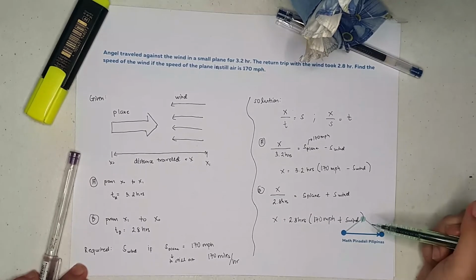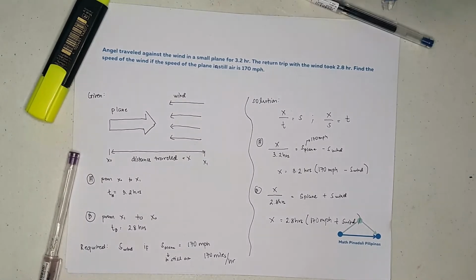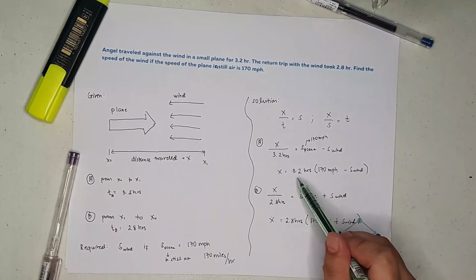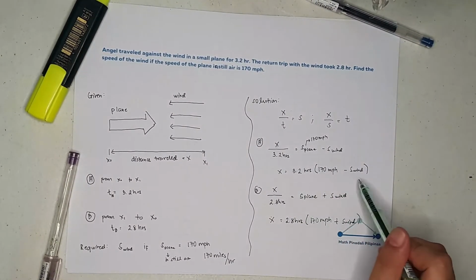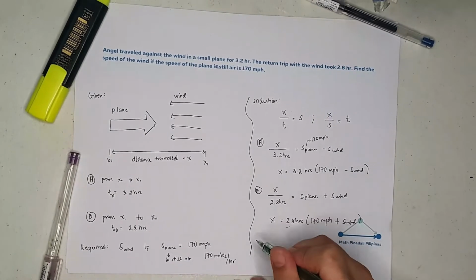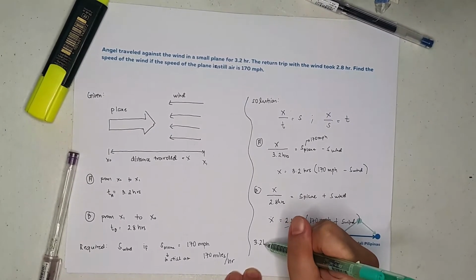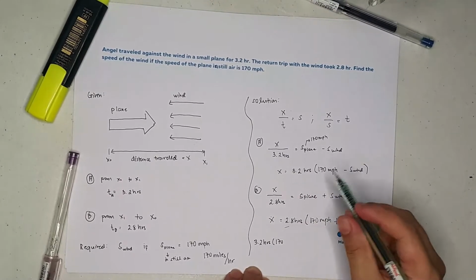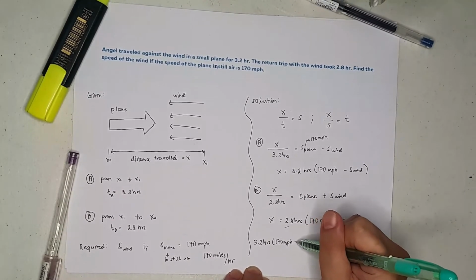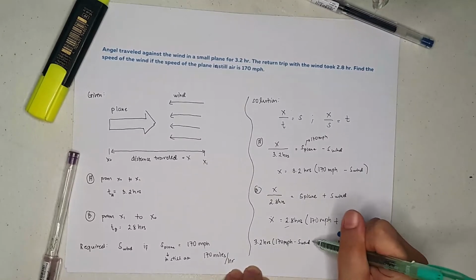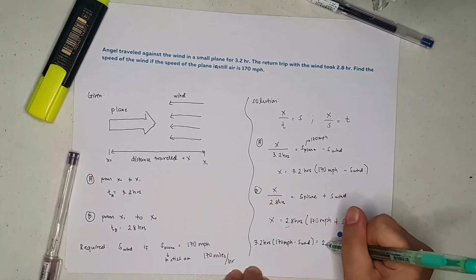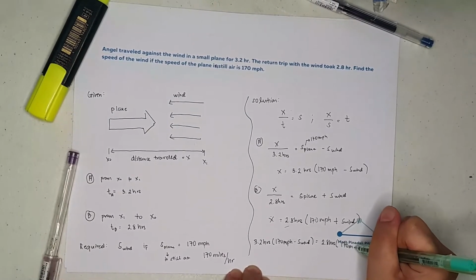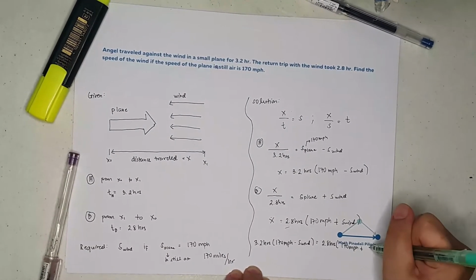Since both equations are equal to x, we can equate these two. So 3.2 hours times 170 mph minus S wind is equal to 2.8 hours multiplied by 170 miles per hour plus S wind.